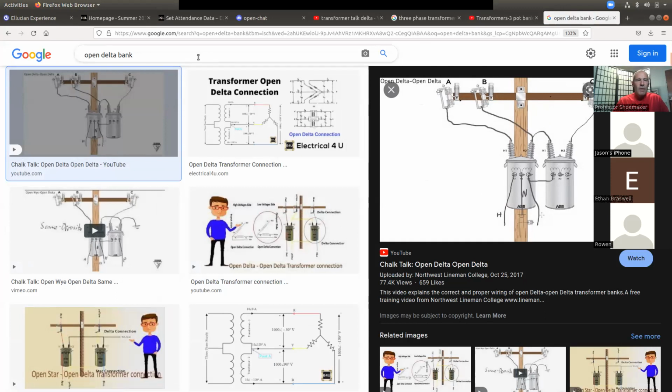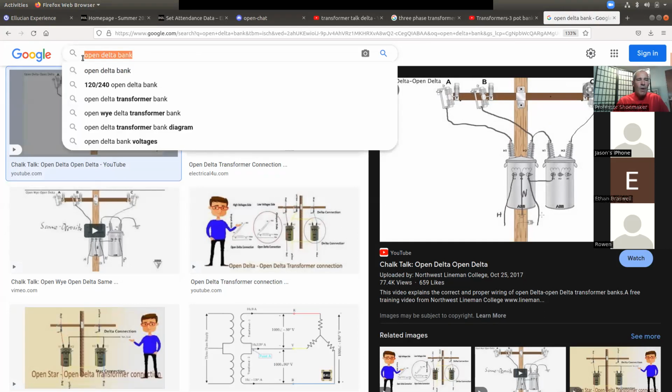Now, all the configurations that we're going to use as far as we're concerned is Y primary, then we can go Y secondary, closed delta secondary, and open delta secondary. So all of our templates that we're showing in there are Y primary.